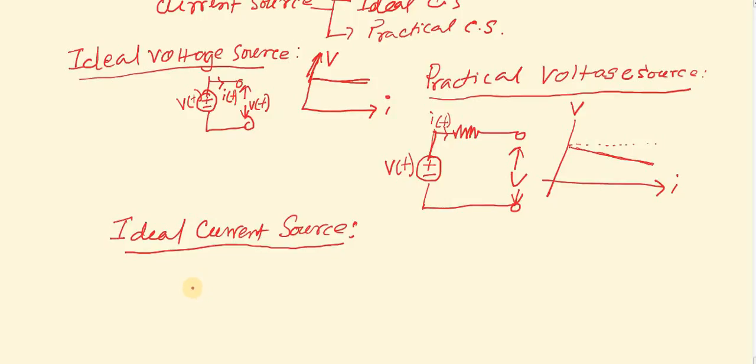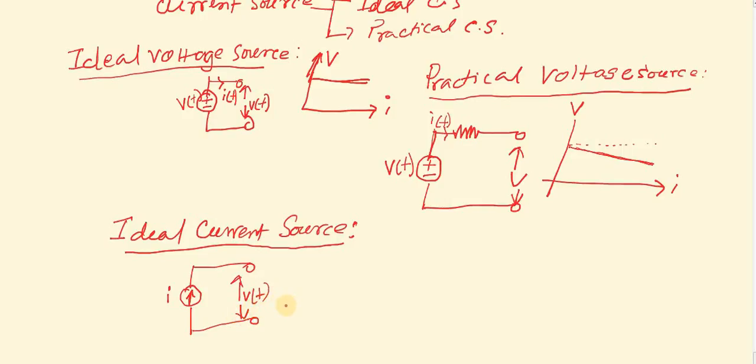That is, if the voltage varies, the current always remains the same at the terminal. Say this is the symbol of an ideal current source, and this current is I, and at this terminal the value of current remains the same irrespective of the voltage.